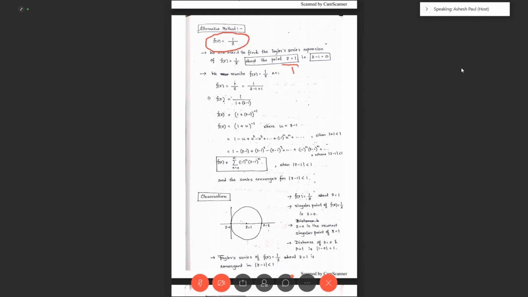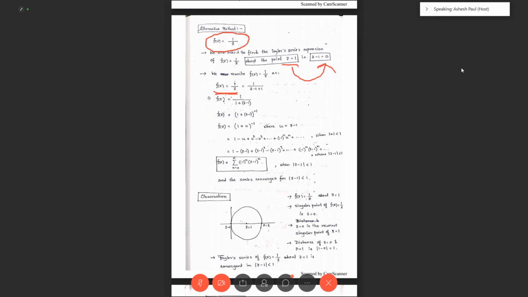So z equal to 1 also implies z minus 1 equal to 0. If we consider z equal to 1 as an equation, then this equation is equivalent to z minus 1 equal to 0.